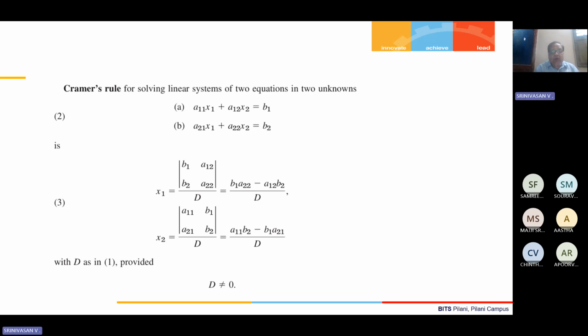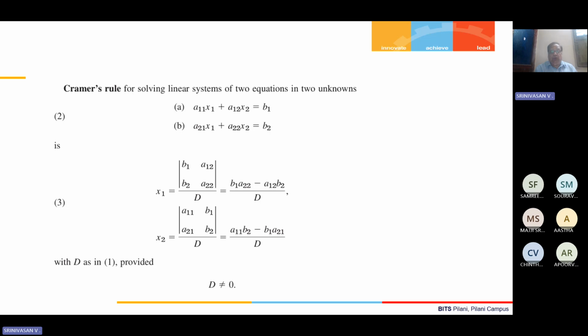What is D1? Just look at what is the first column? Coefficients of X1. That is A11, A21. Replace it by the constants B1, B2. Keep the second coefficients column as they are, A12, A22. This is your D1. Divided by D, of course.